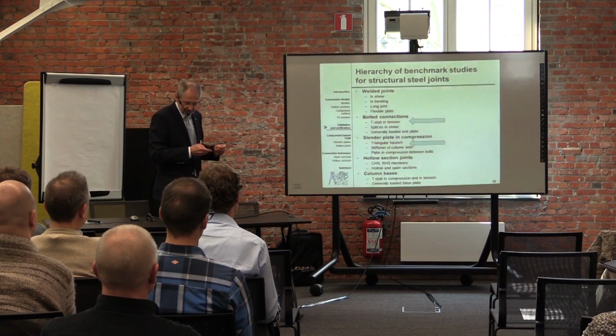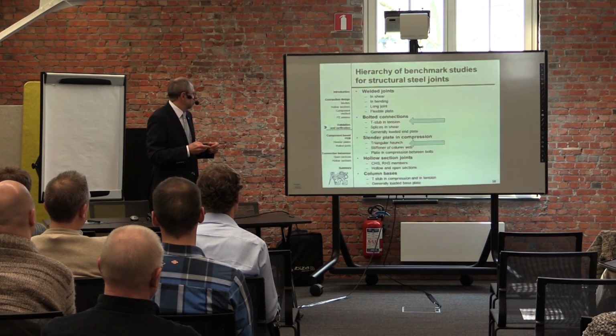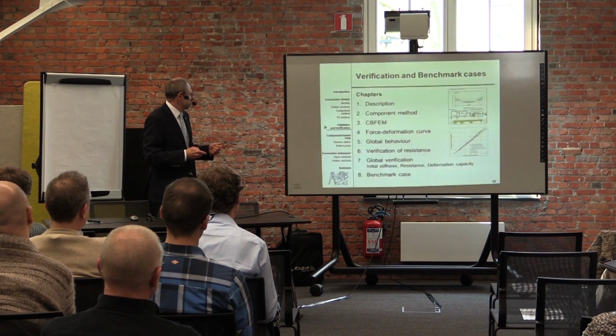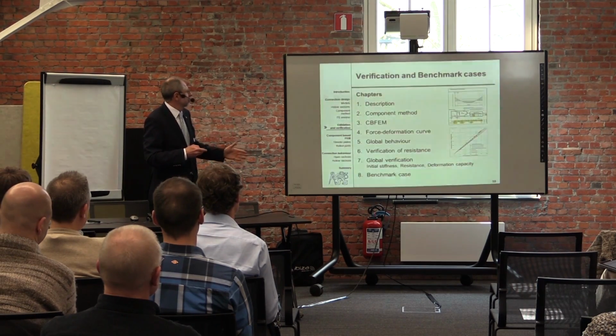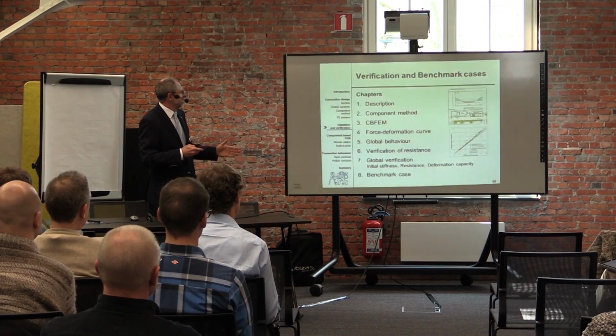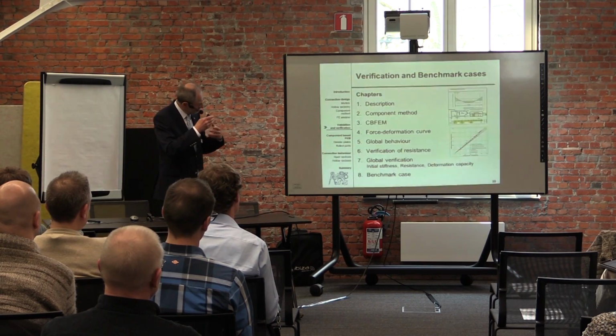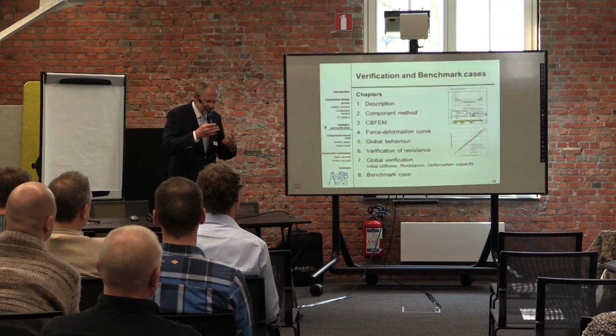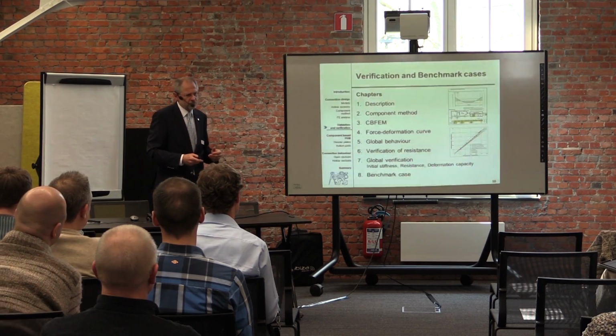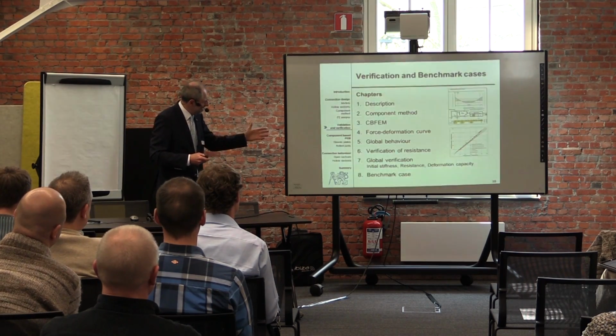And we have row section connections, and we have column bases. So we also have some verification, and we have some procedure. We establish how the benchmark should look like, how this verification should look like, and it is finished with benchmark cases.